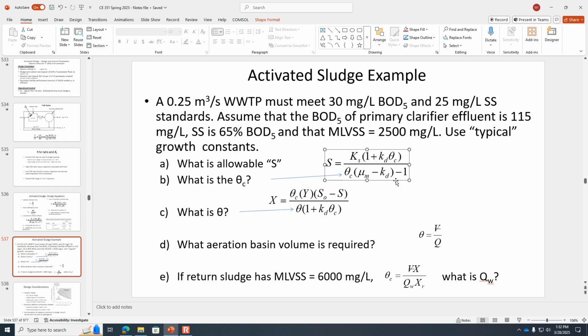And then we know the kinetic coefficient K sub S is like 60 milligrams per liter. 1 plus K sub D is 0.06. And then that's multiplied by the theta sub C.